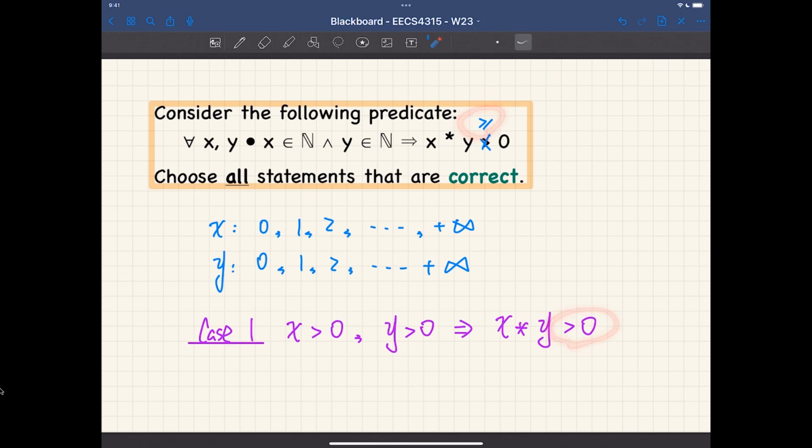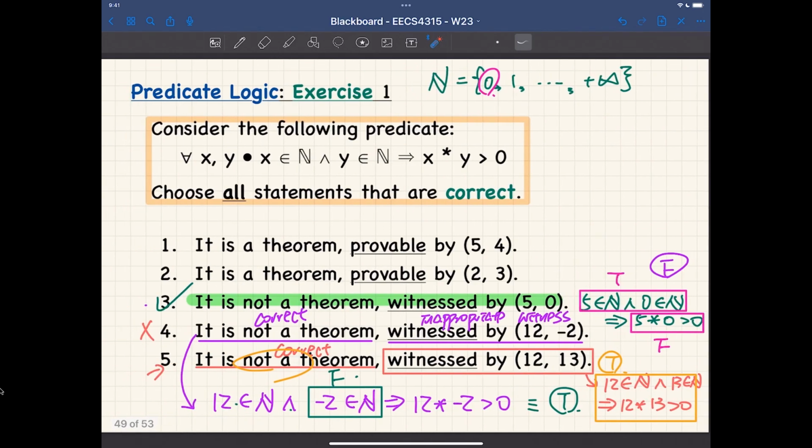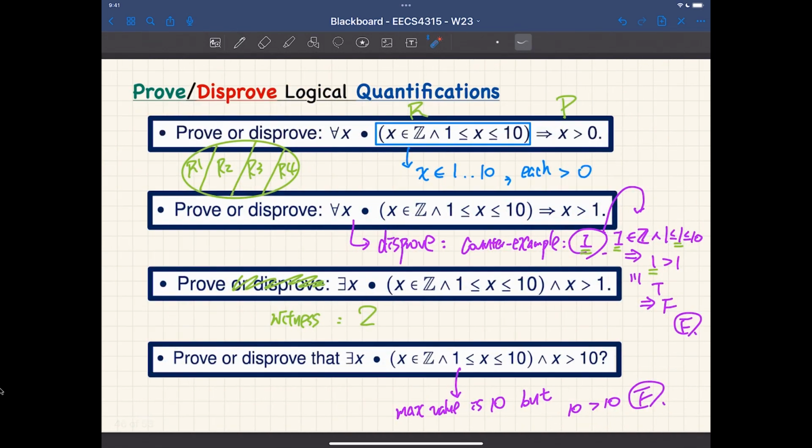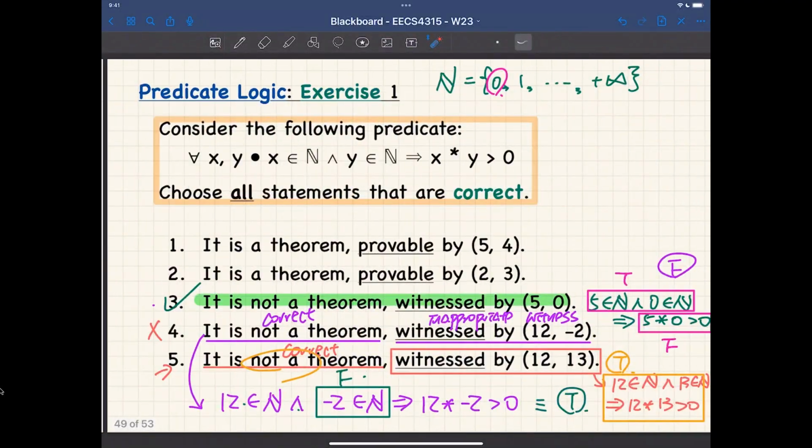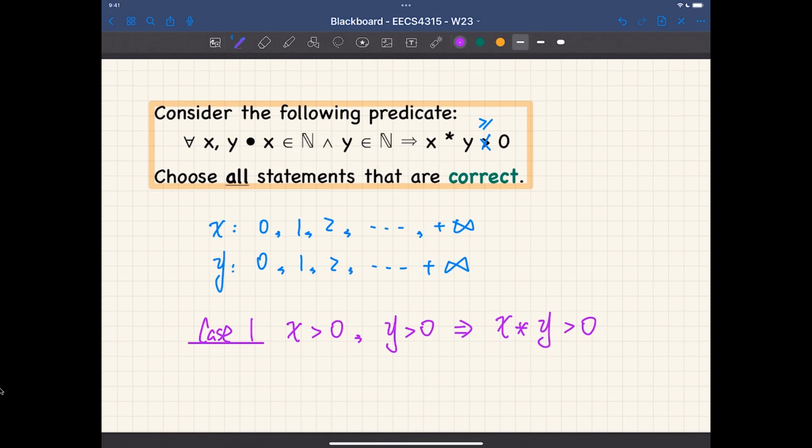Agree? For an input space, you can partition into different ranges, different cases. So this one definitely implies x multiplied by y larger than or equal to 0. That's case number 1.